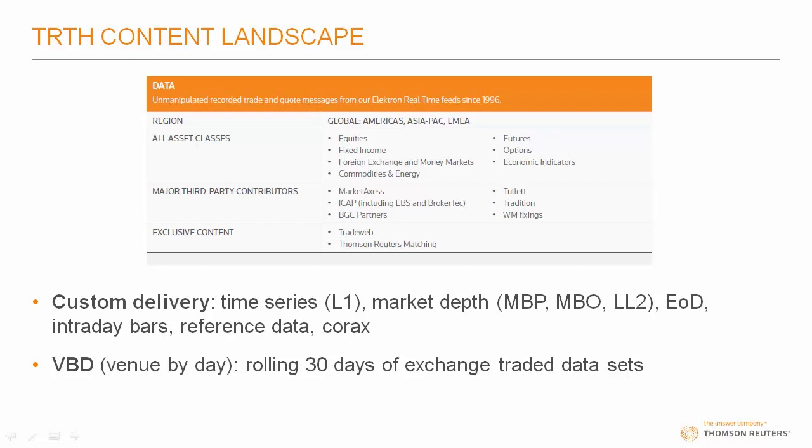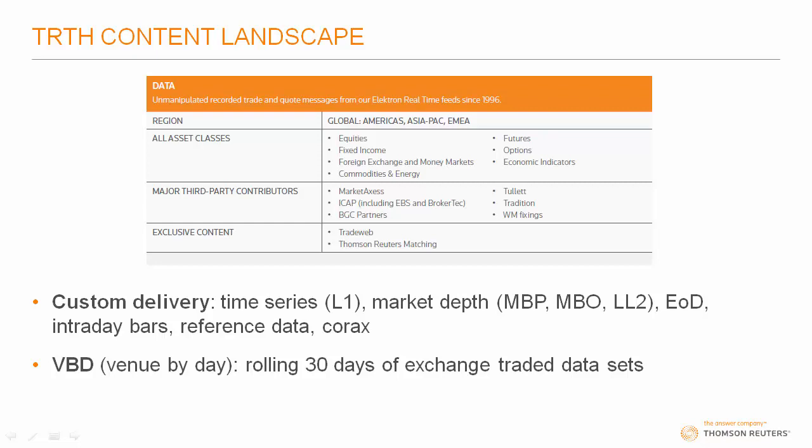Captured from Thomson Reuters real-time data feeds, TRTH offers global tick data since 1996 across all asset classes, covering both over-the-counter and exchange-traded instruments from more than 500 exchanges, and third-party contributor data, the majority available 2 hours after markets close.